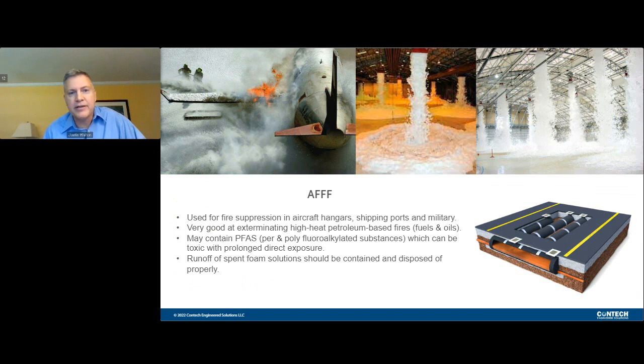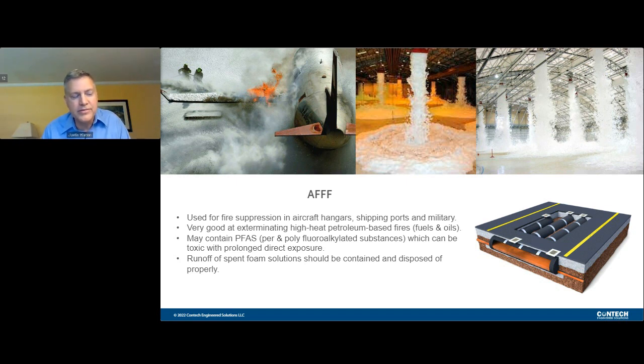Similarly, there may be an AFFF fire suppression system at the aircraft hangar. This acronym stands for aqueous film forming foam. This is a chemical that is very good at treating high heat petroleum-based fires, fires where fuel or oil has ignited. AFFF contains PFAS, which is per- and polyfluoroalkyl substances.